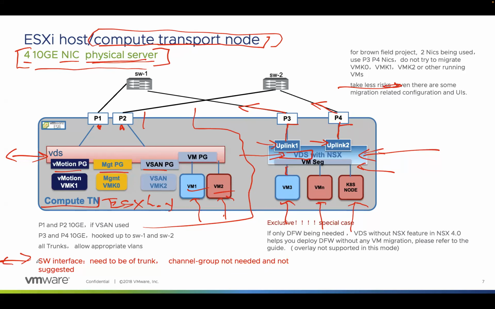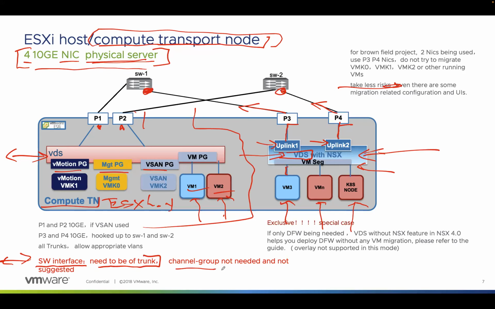From the network point of view, the summary of the request for the network team to configure the physical switches is that we just need a trunk configuration. You just configure this port as a trunk. That's everything I request.